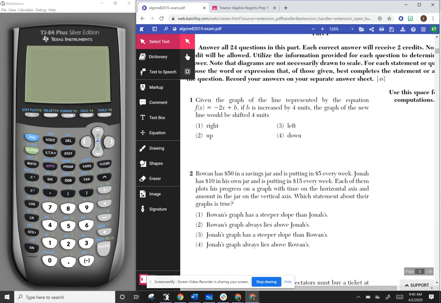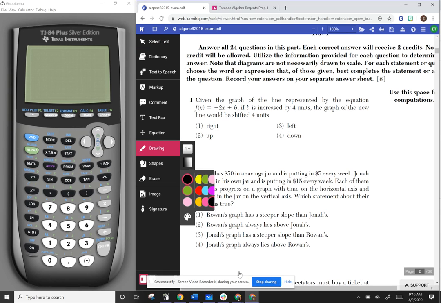Given the graph of the line represented by the equation f of x equals negative 2 times x plus b, if b is increased by 4 units, the graph of the new line would be shifted 4 units in which direction? Right, up, left, or down?